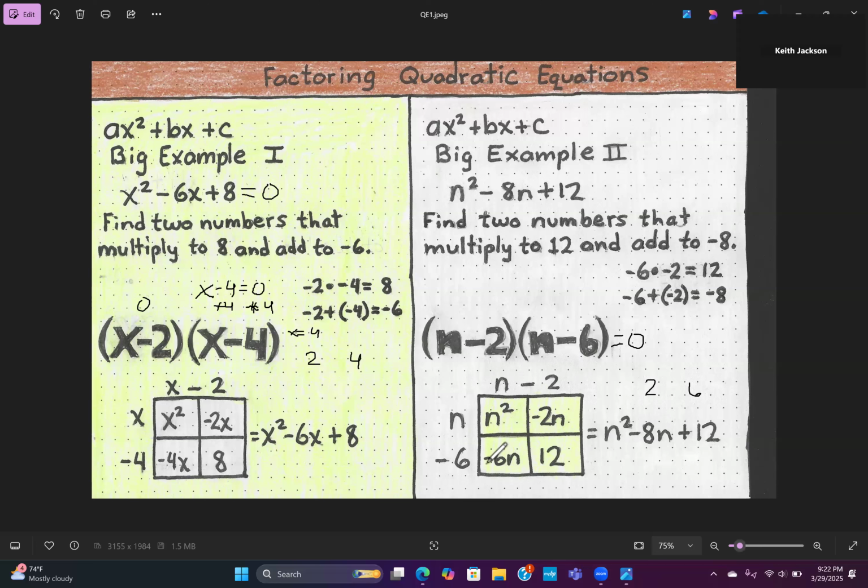As you can see, we have our negative 6n plus a negative 2n, which gives us our negative 8n. We put our n squared here and our 12 over here, and that lets us know it works. So when we factor n squared minus 8n plus 12, we get the quantity of n minus 2 times the quantity of n minus 6 by setting it equal to 0.